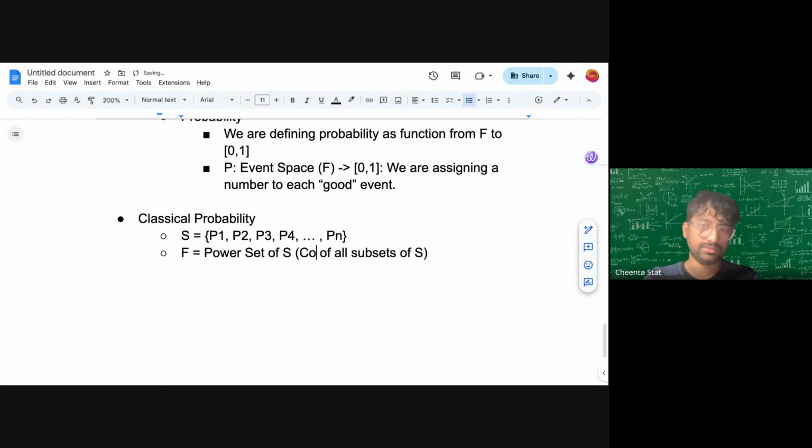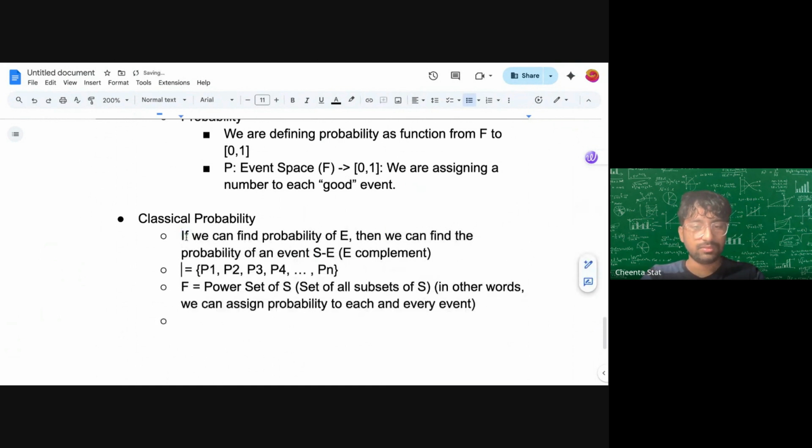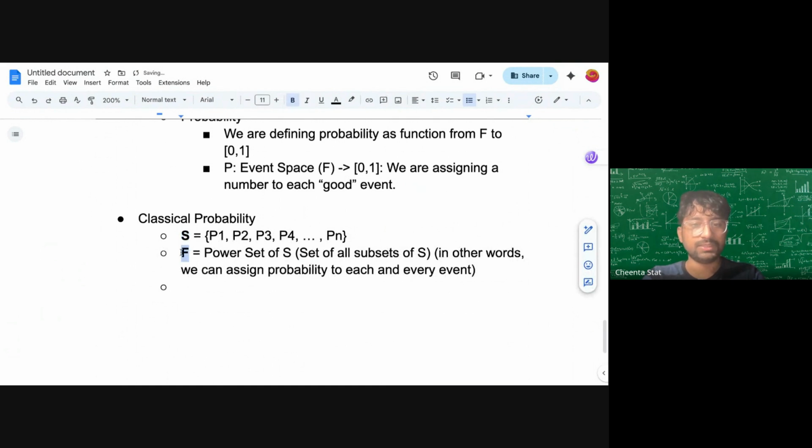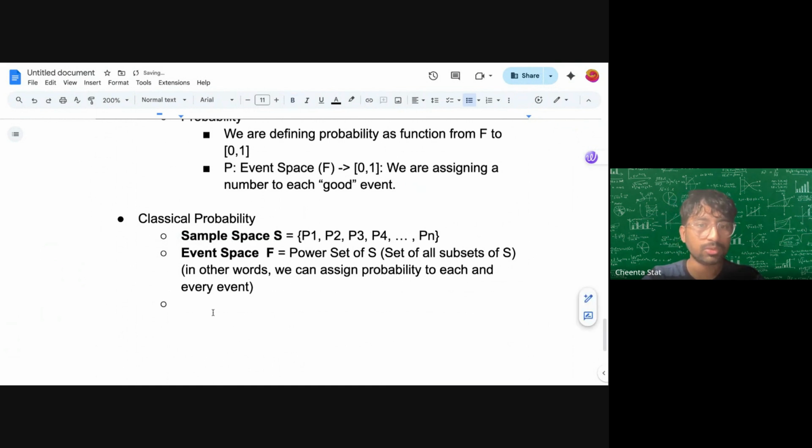So in other words, we can assign probability to each and every event. Okay, sample space is done. Event space is done. The next is the probability P.